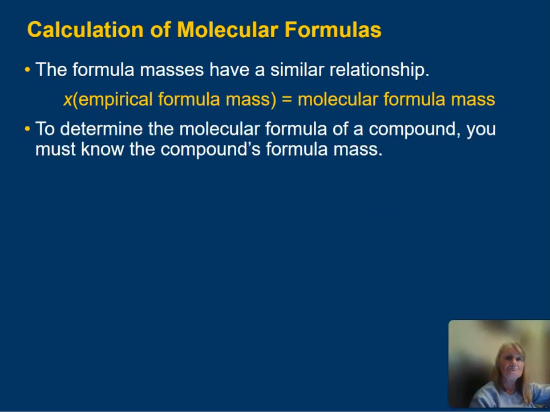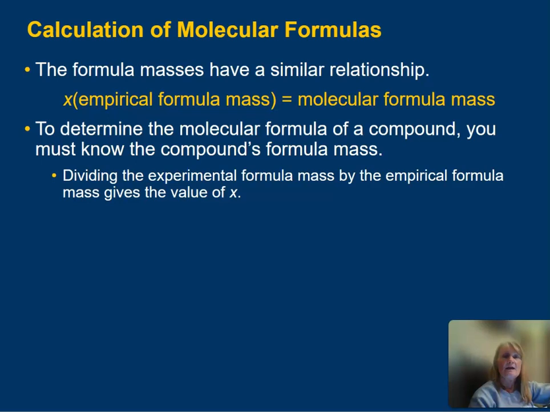To determine the molecular formula of a compound, you've got to know the formula mass, so you're going to be given that formula mass value. You're going to take the empirical formula and find its mass, and then divide it into the mass of your molecular formula to find out how many times it goes in.